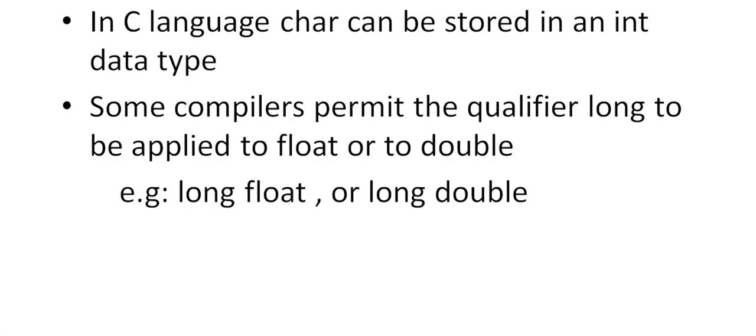Say the character A has ASCII value 65. Because it is numerical, you can represent it using an integer also. But as a programmer, it's better you restrict yourself to char to represent characters. Some compilers permit the qualifier long to be applied to float or double also. It depends. So this is regarding the data types.